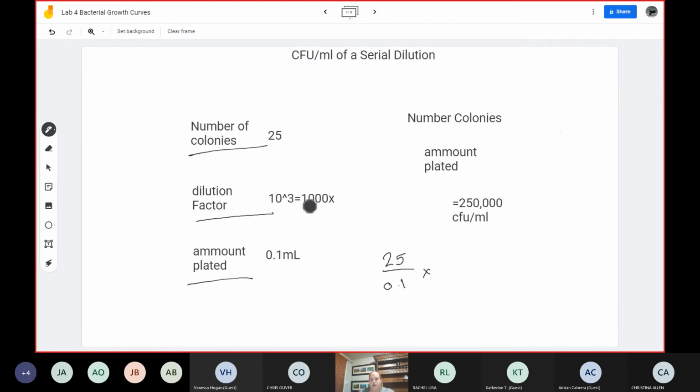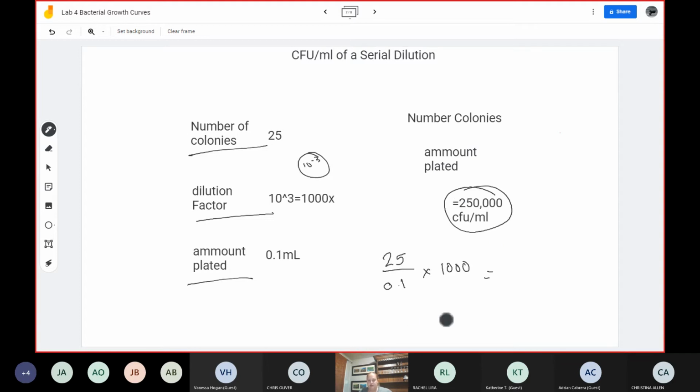10 to the 3 would be 1 with 3 zeros, so 1,000. And that would be from your plate that was 10 to the minus 3. And that would equal, I think I already did the equals on this one, 25 divided by 0.1 times 1,000 equals 250,000 CFU per milliliter.